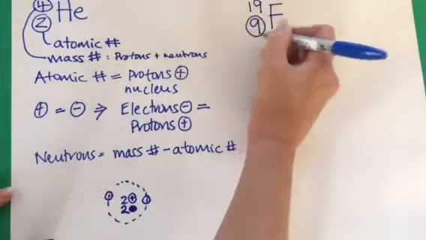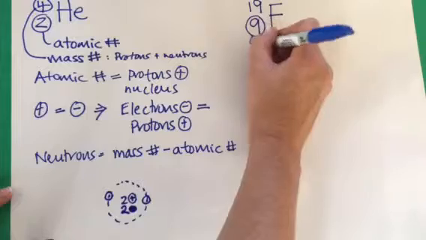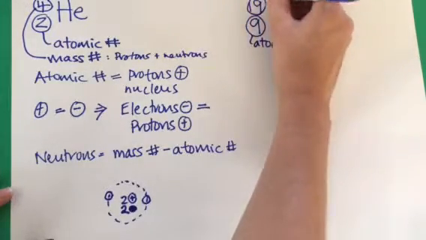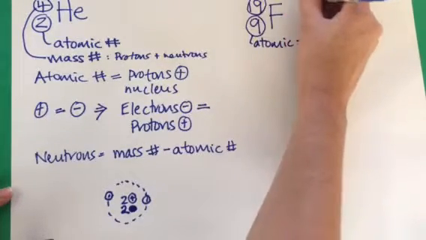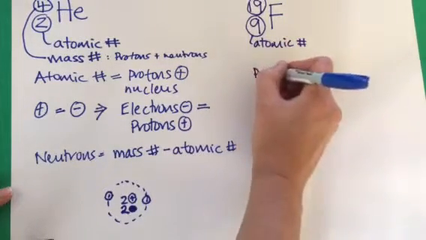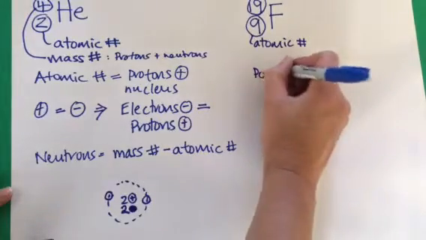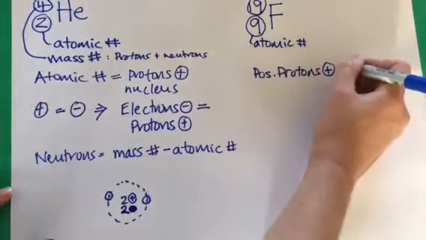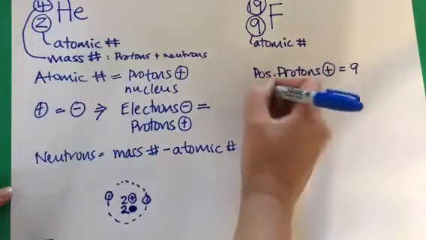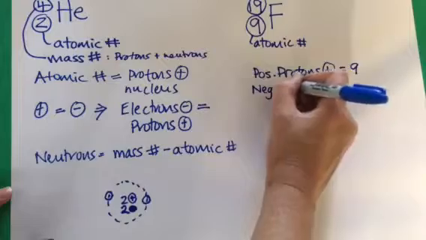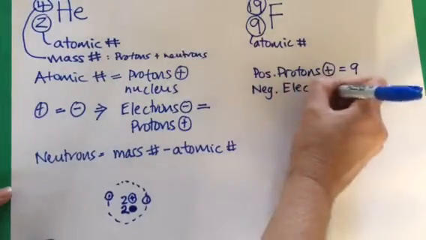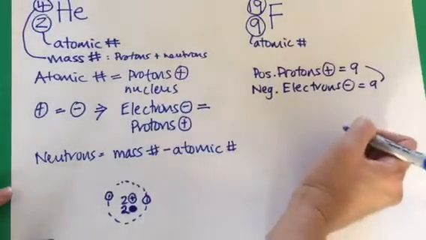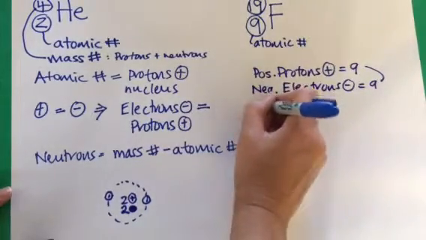We have the atomic number, we have the mass number, and we can calculate the number of positive protons as equaling the atomic number, so that would be 9, negative electrons also equaling 9, because these two have to be the same, and then neutral neutrons.